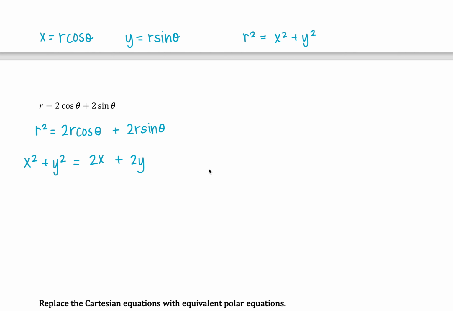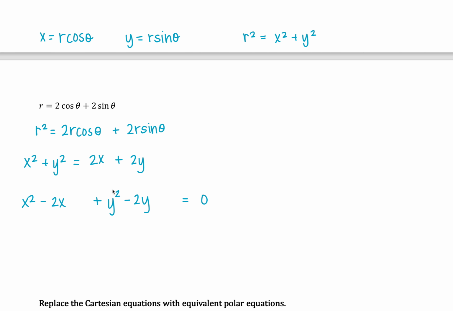And right now we have this written as a Cartesian equation, but I'm going to clean it up a little bit and make it look a little more familiar maybe. So what I'm going to do is bring everything to the left-hand side. So x squared minus 2x, and notice I'm leaving a space there, y squared minus 2y, I'm going to leave another space, equals 0.